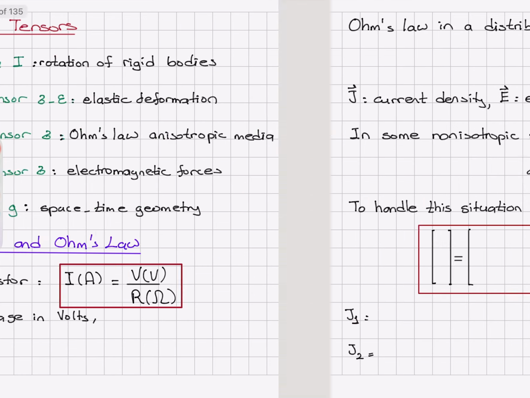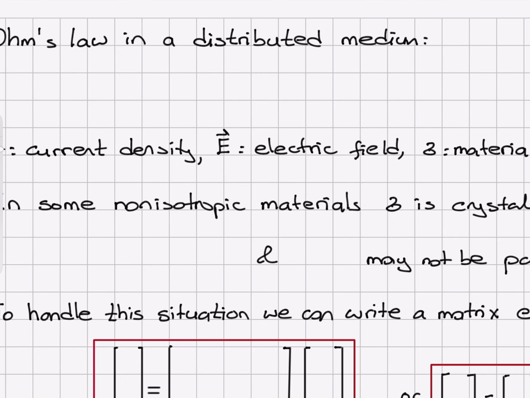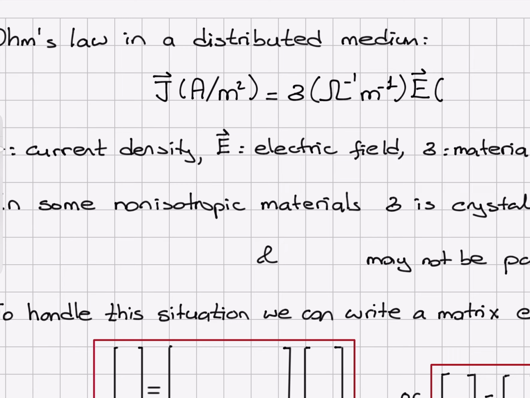But if we have a distributed medium, we need to change Ohm's law to describe the distributed medium so that we have a current density instead of current, J, which is given in amperes per meter square in SI units, and this is equal to sigma, electrical conductivity, which has a unit ohm inverse or mhos, meter inverse, multiplied by the electric field vector, which is in volts per meter.